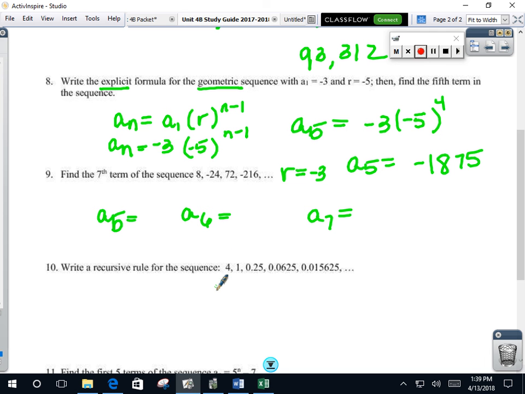So the next term would be what? 648. And then the term after that would be? Correct. And then the term after that would be? Correct.